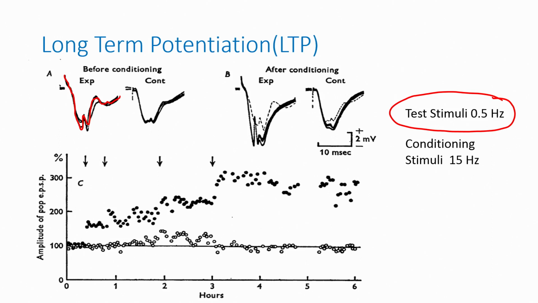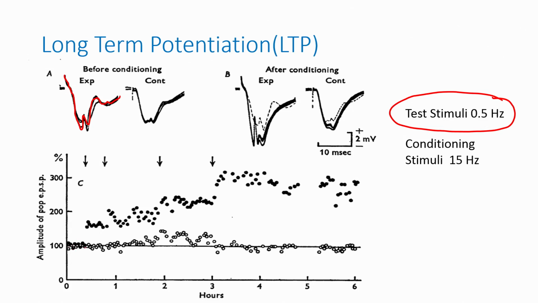You can characterize an amplitude, you can characterize the rise time. In this case they are actually looking at the amplitude of the population response, also called an evoked potential, and you are measuring that potential and then normalizing it to be 100%, and then the individual dots tell you what is the amplitude for that one particular stimulus, that one particular pulse.